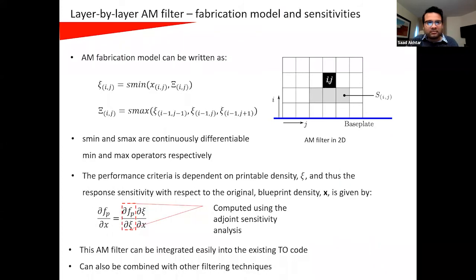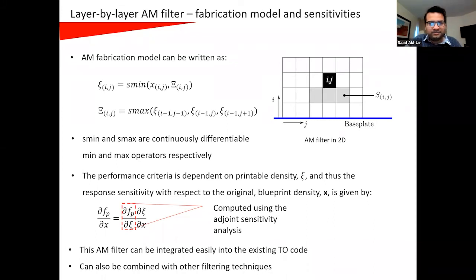Mathematically, the AM fabrication model, this filter, is expressed as minimum and maximum operators for the densities. To make them continuously differentiable and to get the sensitivities, you need to make these operators smoother. So we chose smooth differentiable operators for both the minimum and maximum functions.